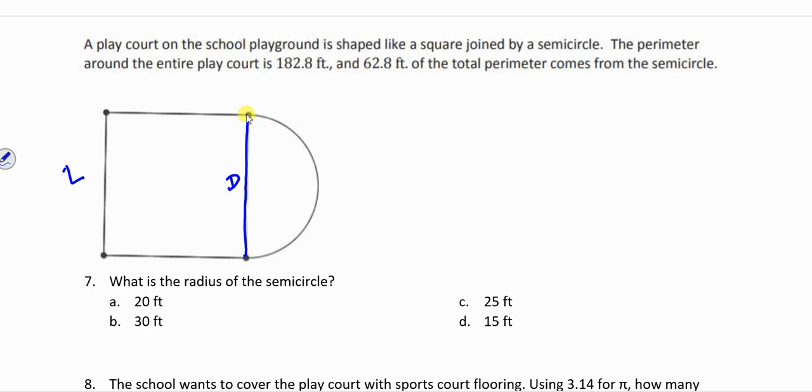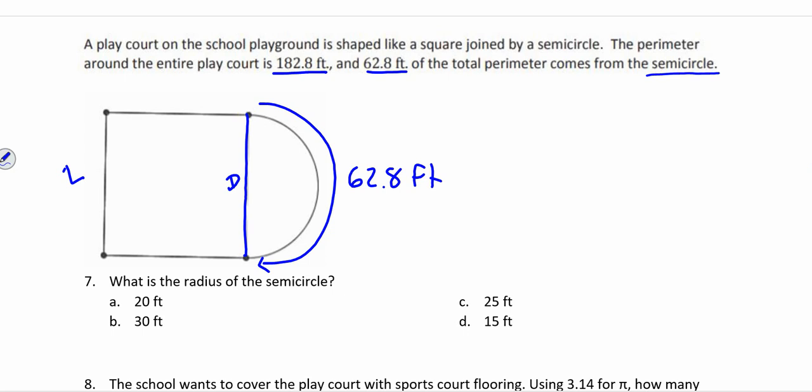Well, I know that from here to here is 62.8 meters, or 62.8 feet, because it says a play court on the school playground is shaped like a square joined by a semicircle. The perimeter around the entire play court is 182.8, but 62.8 of that total perimeter comes from the semicircle. So this actually turns into a subtraction problem.